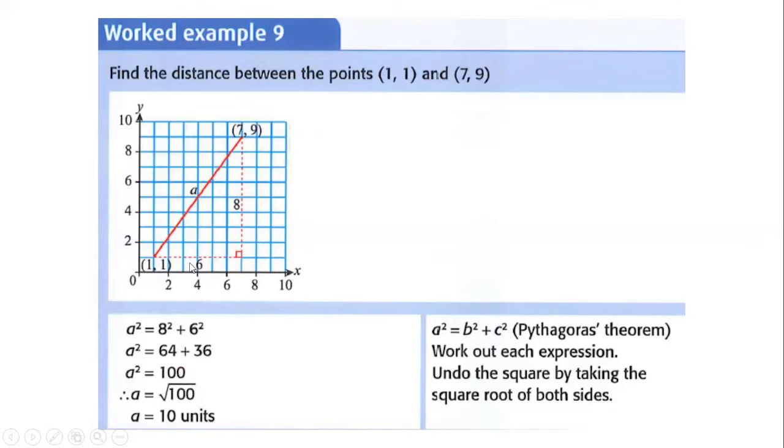The 6 represents the difference between the x coordinates. What about 8? 8 represents the difference between the y coordinates, 9 minus 1, isn't it? Because 9 is the distance from this point to 0, and 1 from this point to 0. So just by subtracting 9 minus 1, you get 8.